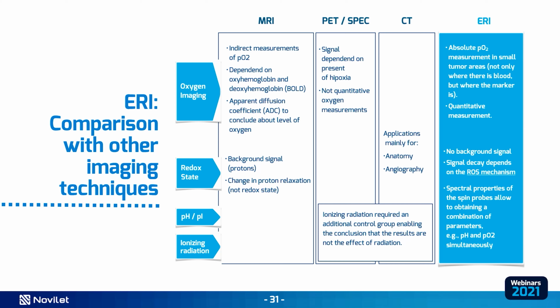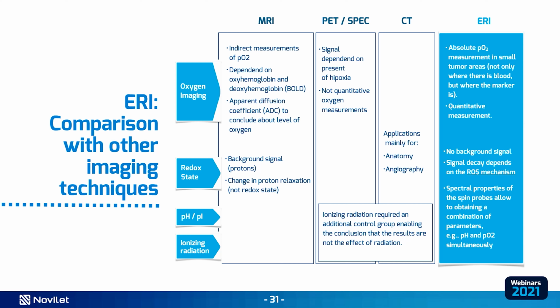For example, in MRI and PAT, the oxygen level is always measured indirectly, either by blood saturation in BOLD MRI, or by the presence of hypoxic regions in PAT. Redox state is based on the free radical mechanism rather than the typical image concentration enhancement. pH or Pi maps can also provide unique parameters, especially for the tumor microenvironment.